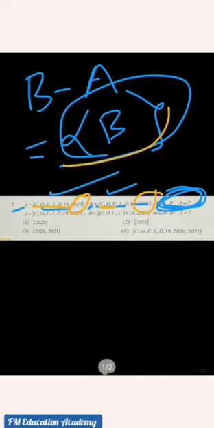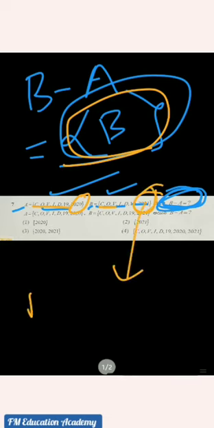See, B minus A means only elements belonging to B. Remember this. So only elements belonging to B which are not common to A, that we have to see. If you compare these sets, COVID is the same in both, but 2020 and 2021 are different.